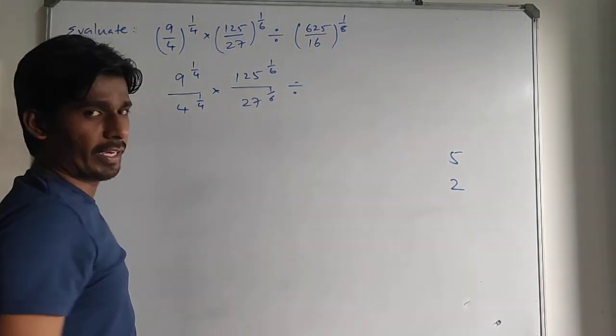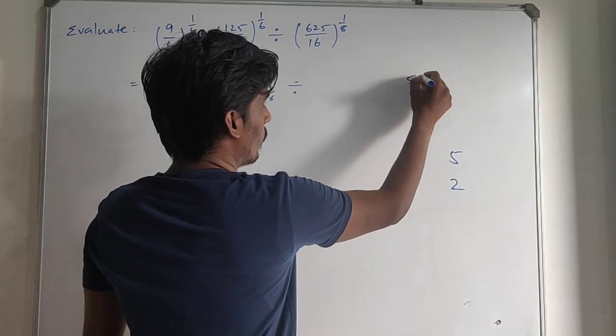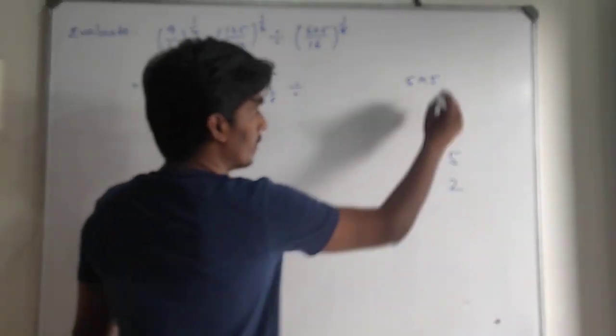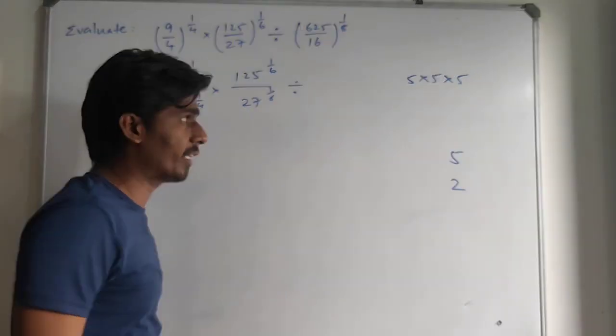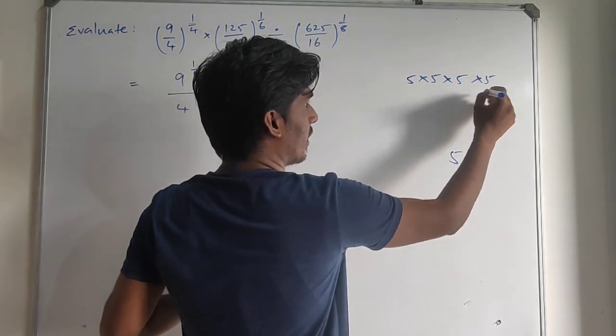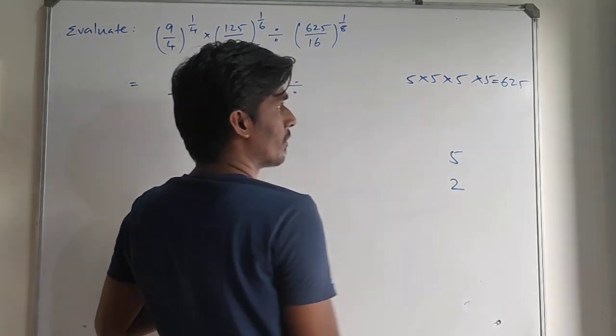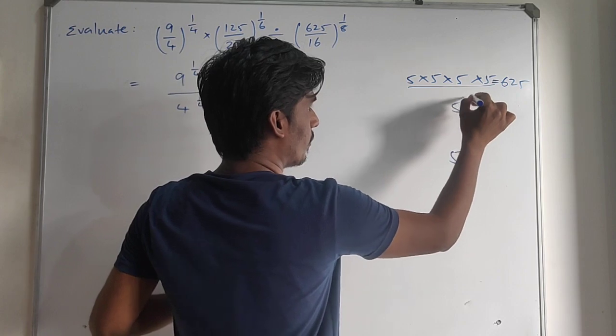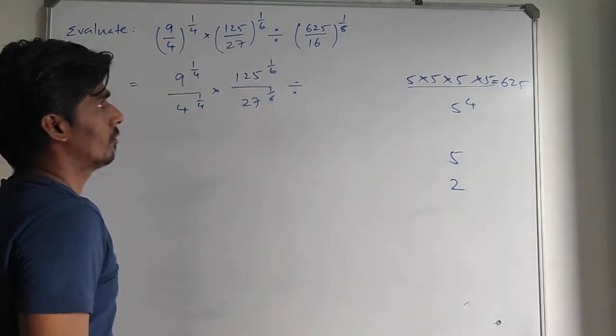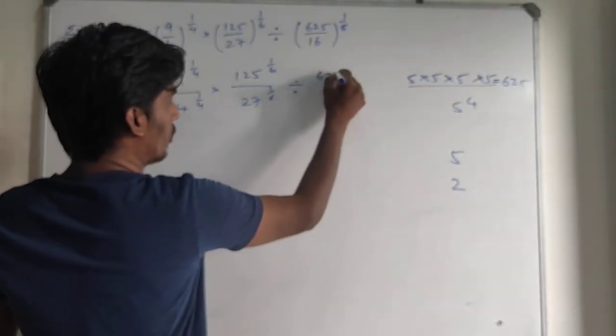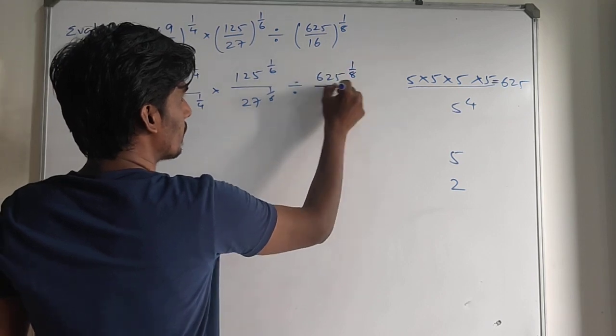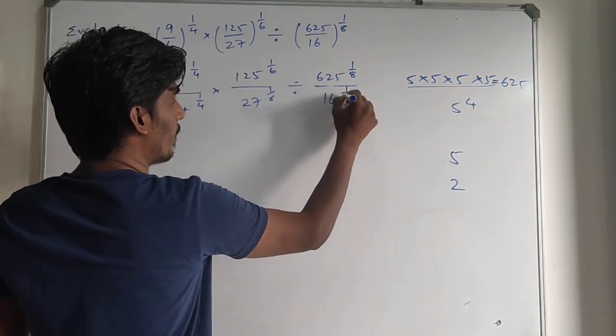Here 25 is what? 5 into 5, 25. 25 times 5 is 125. 125 times 5 is 625. So how many times is 5 there? 4 times. So 5 raised to 4. So right now I am going to write like this only. 16 raised to 1 by 8.